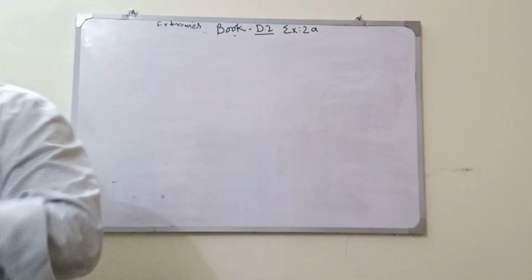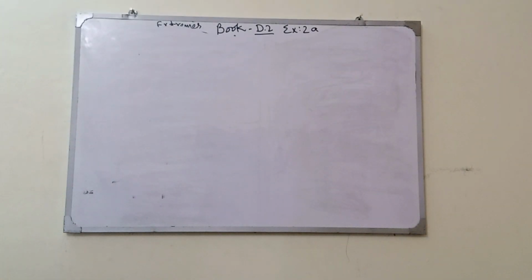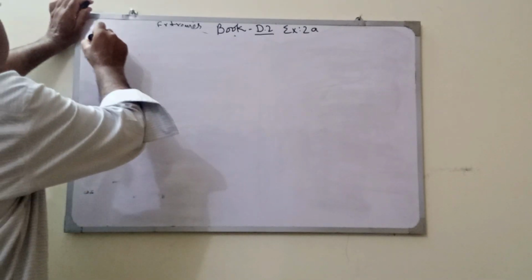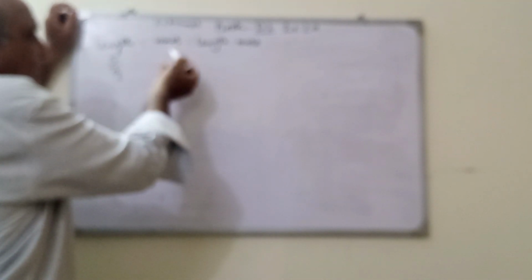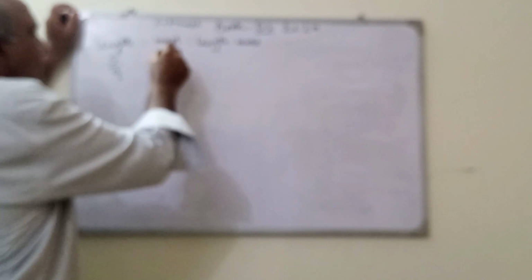In the fractions, he is saying that length and mass: 5/9 of the length weighs 7 kg.